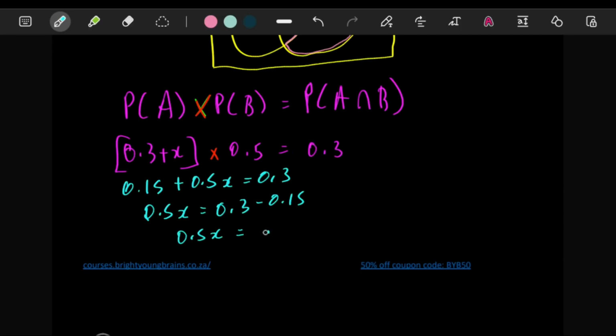Then you need to divide both sides by 0.5. Therefore, x is equal to 0.15 divided by 0.5. I'm getting there, 0.3.